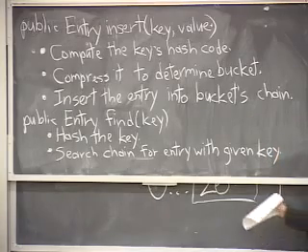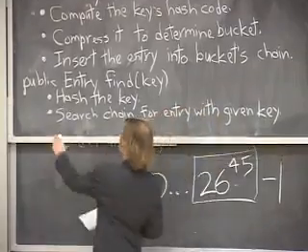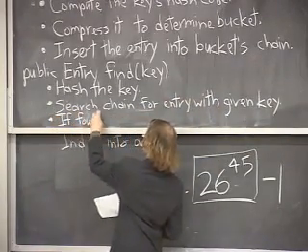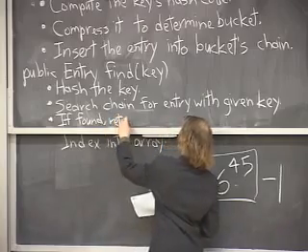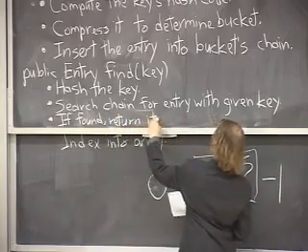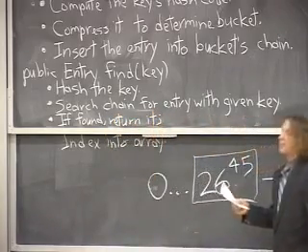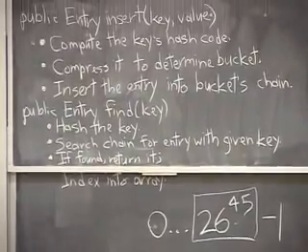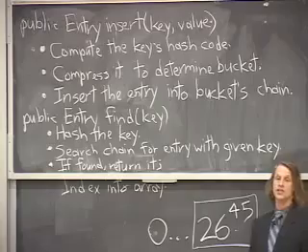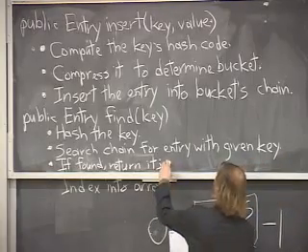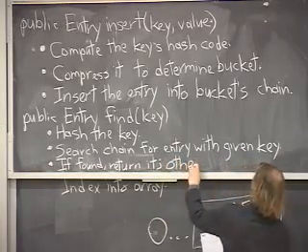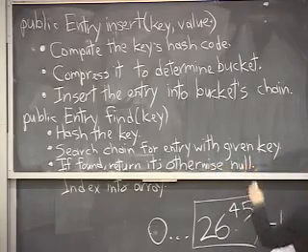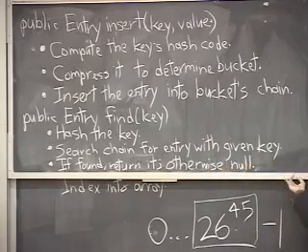And if you find an entry that has the right key, you return it. But if you get to the end of the chain and you haven't found any entry that has your word in it, then your word's not in the dictionary, so you just return something that says your word's not in the dictionary. So Goodrich and Tomassia, they just return null.